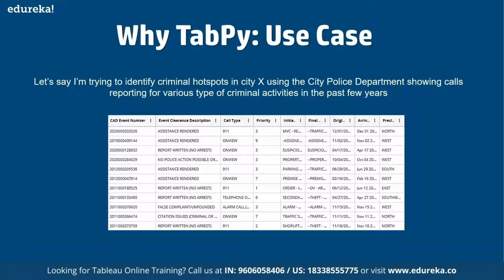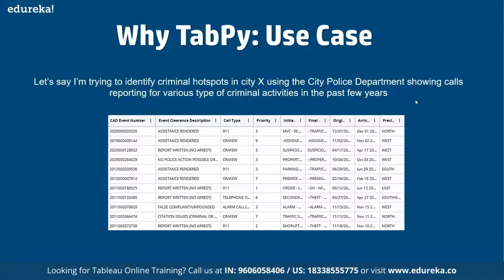We have data with the city event number, event clearance description, call type, priority, initiation level, final status, when the dispatch team arrived, and the area in which it was delivered.